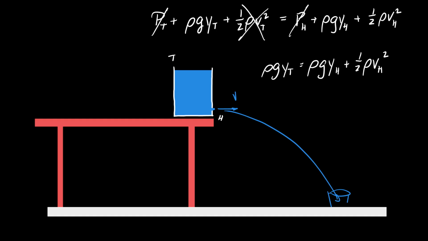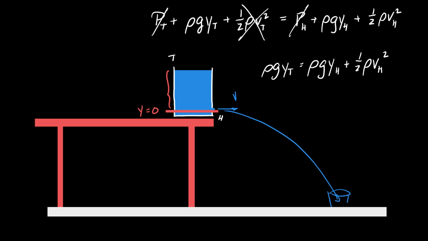Now, if we decide that the height of the hole is right there, we can make that 0, right? Our reference level for the water. And all we would have to figure out is how high the water is at the top compared to where the hole is.